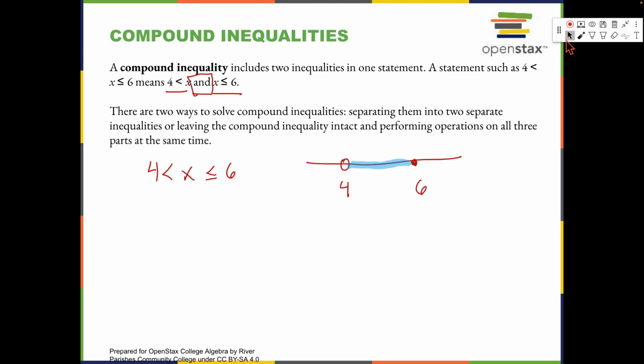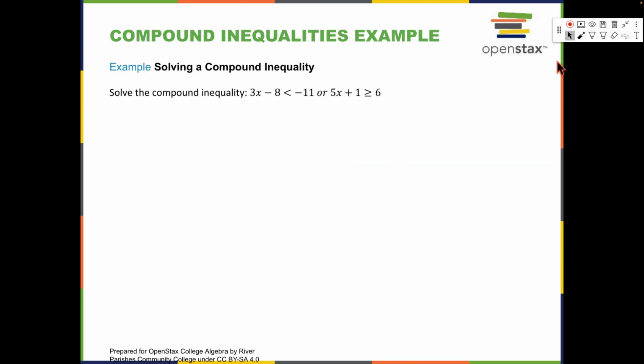The other thing that could happen is the or. And notice as we go to solve these, what we're going to find with the or is there's some left point and a right point. I'll call this left and this right. And what's going to happen is you're bigger than the right, and you're less than the left side.